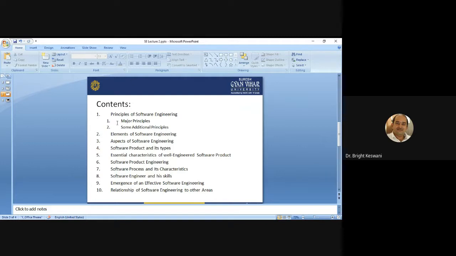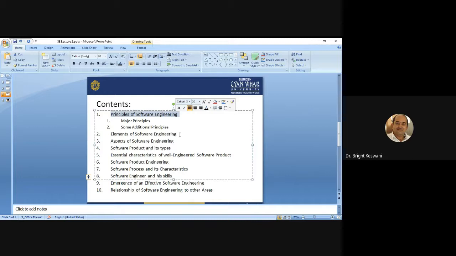So, come to the first part, that is principles of software engineering. Principles of software engineering are the rules to abide by in the software development community, and that's why we call them principles. In software engineering, principles are evaluated based on observations of thousands of projects, and they are the collected thoughts and wisdom of people who have learned through software development experiences.